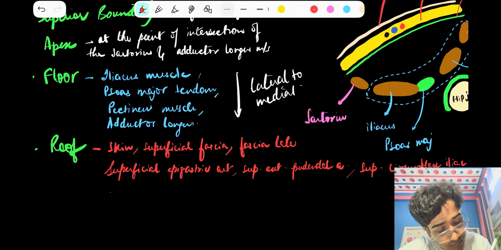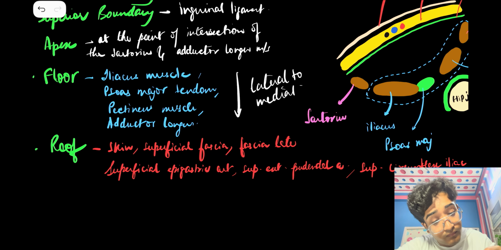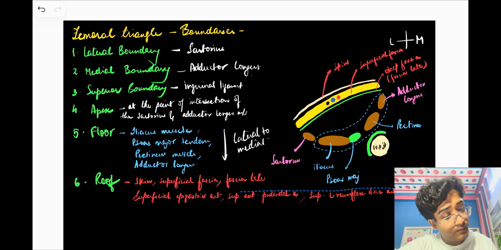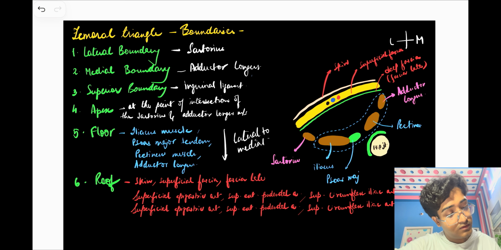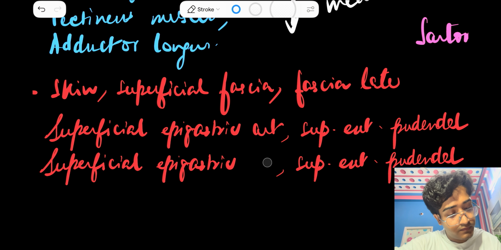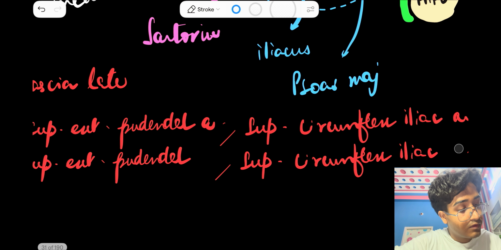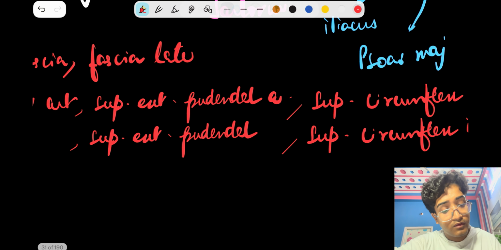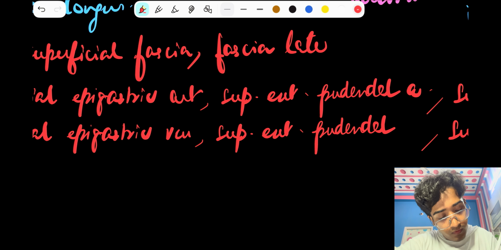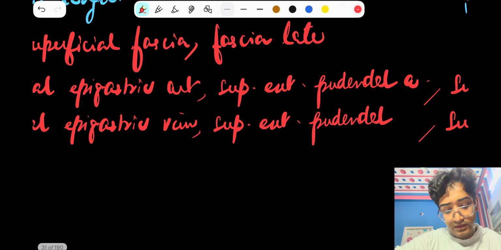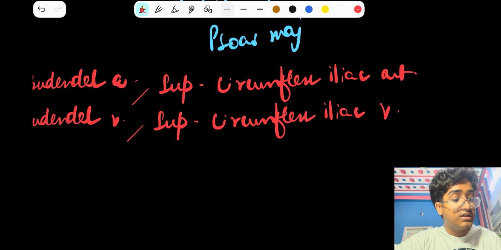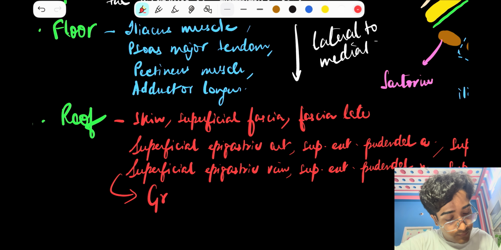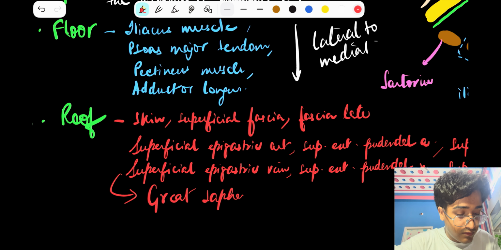These are of similar names, just replace artery with vein: the superficial epigastric vein, superficial external pudendal vein, superficial circumflex iliac vein, and the vein which they are tributaries of. And what is that vein? The great saphenous vein.